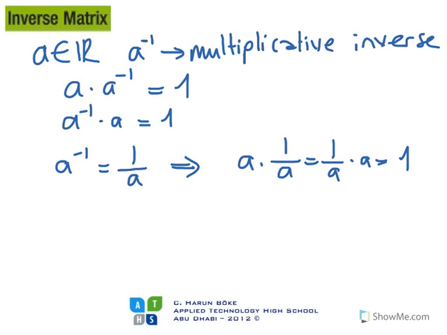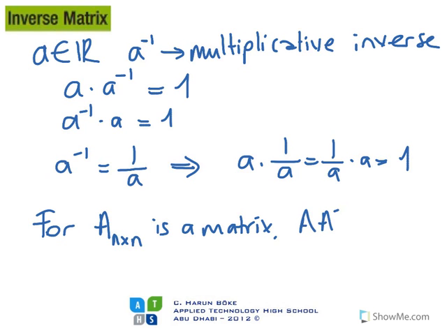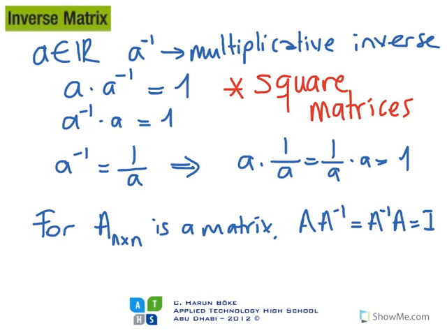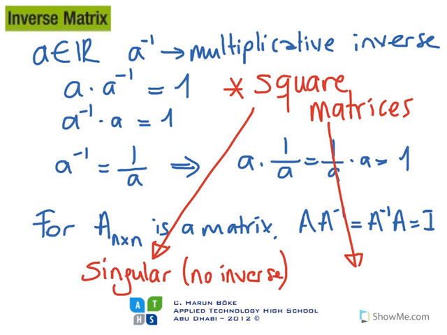So the idea is the same, or let's say similar, in matrices. For A a square matrix, we have A times A to the power minus 1, or A to the power minus 1 times A, to be the identity matrix. So please note that we are talking about square matrices, and not every square matrix has its inverse.